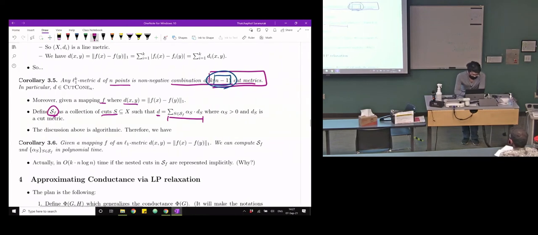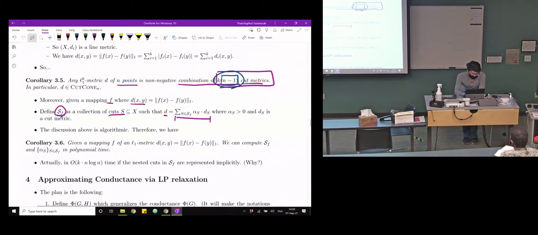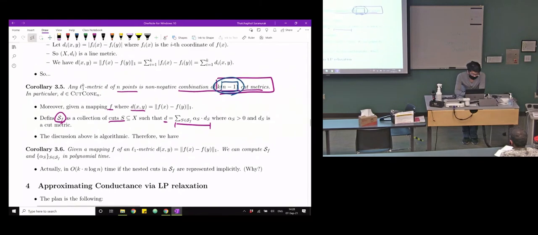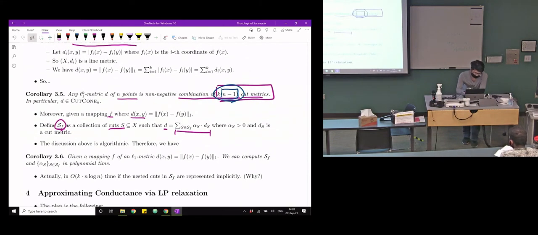Okay, and you can see that everything we discussed so far is really algorithmic. If you have a metric D and a mapping F, how do you compute this collection of cuts? You just look at each dimension, sort the points, and define these nested cuts.